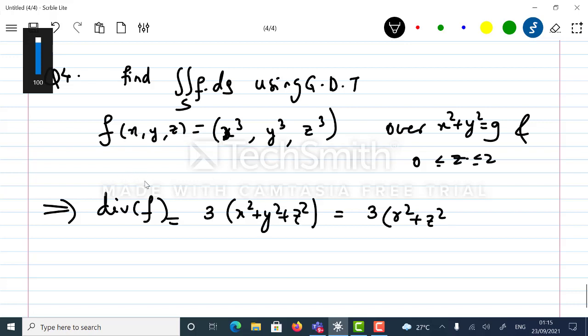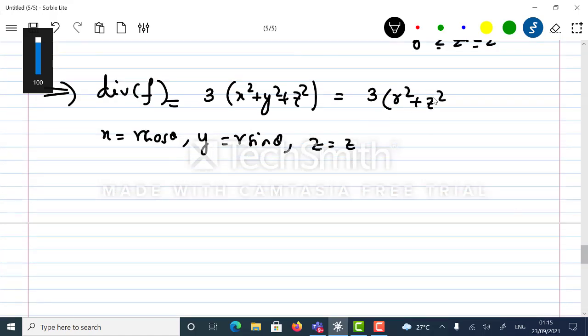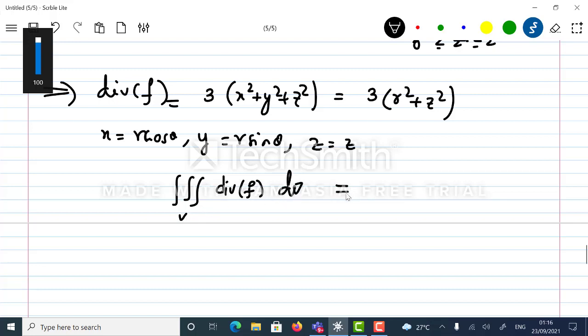So if I use the polar transformation, x is equal to r cos theta, y is equal to r sin theta, and z is equal to z. Then let me find the triple integration of the divergence of F over V dV.